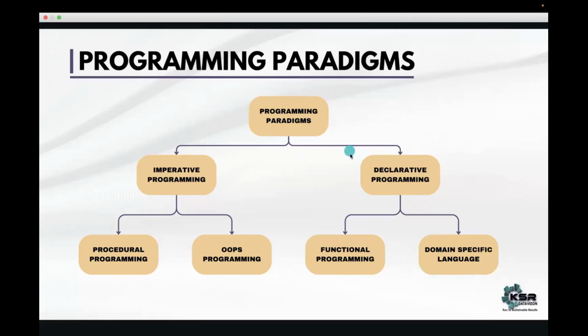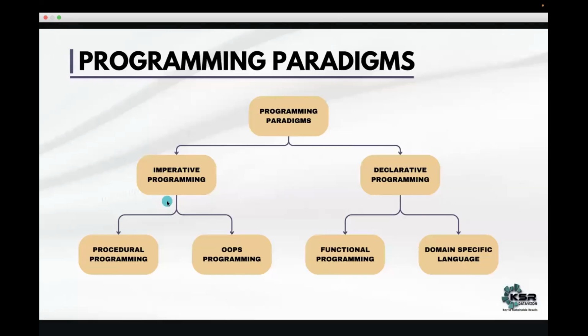Okay. So there are a lot of languages, and there are a lot of programming paradigms. People have classified the majority of programming paradigms into imperative and declarative. There might be other classifications. What I have listed here in the slide are the important ones. There is imperative programming and there is declarative programming. These are two different styles of programming. Most of the programming styles are classified into these two.